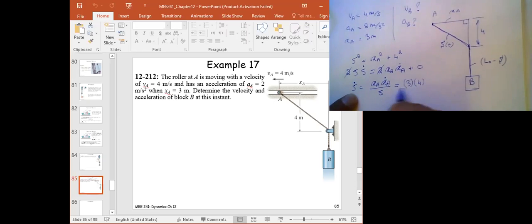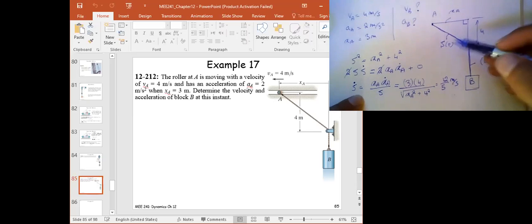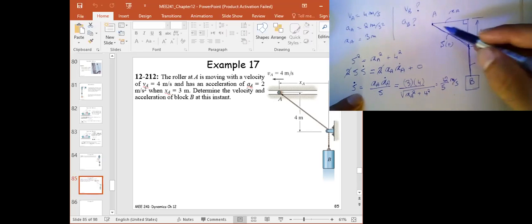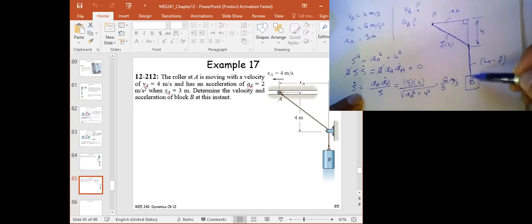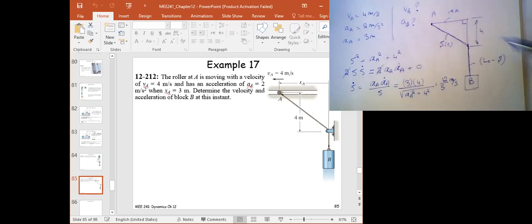How about S? 5, since S is the square root of XA squared plus 4 squared. So S prime is 12 over 5 meters per second. So now we found S prime, which is how this length is changing. How can I find the rate of change of this cable, which is decreasing?